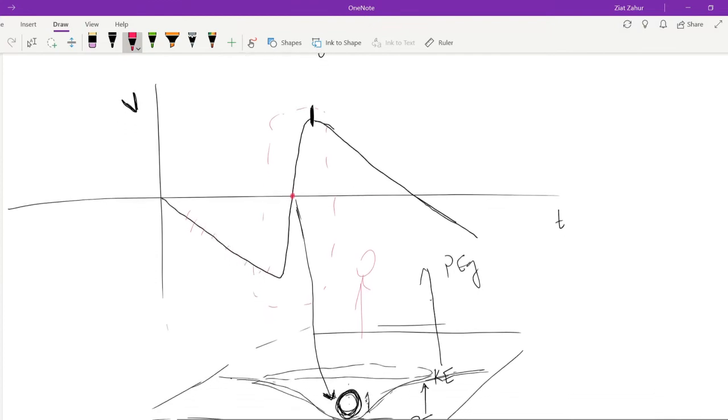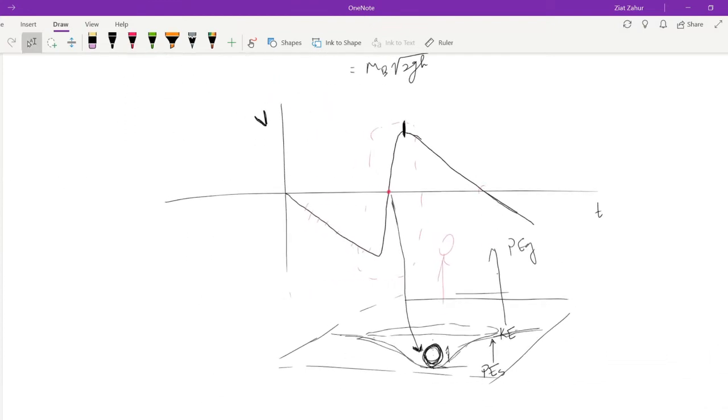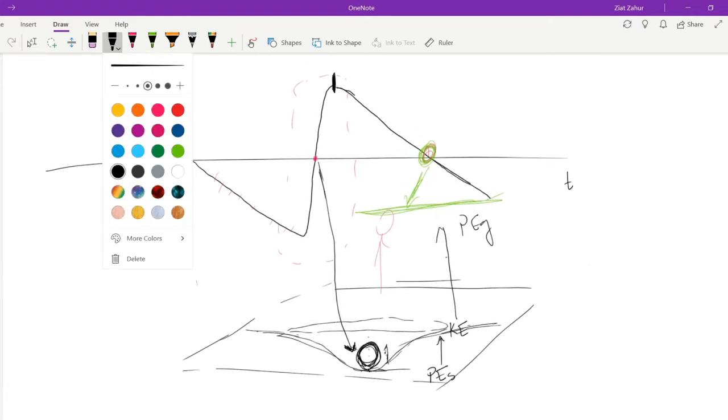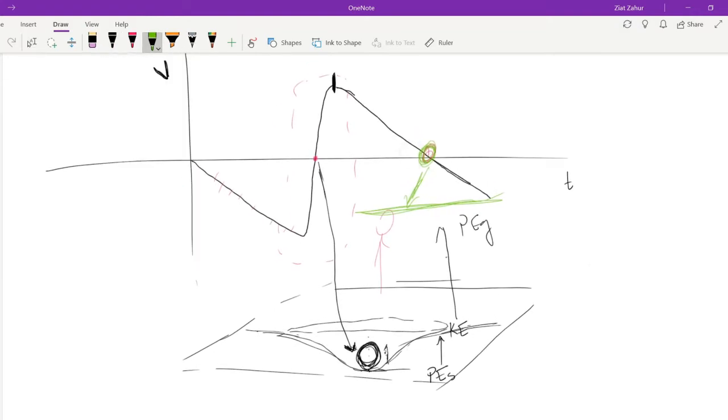Is that the maximum? Well, here. So velocity is all positive all the way up to this point. So this point is when we've reached all PEg. My max velocity, let's use some other colors, blue, which is this point.